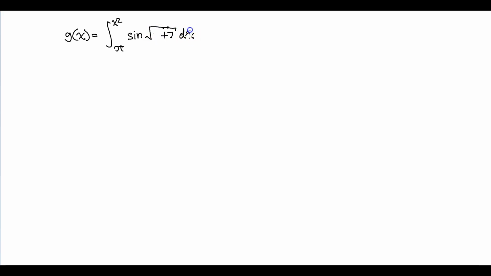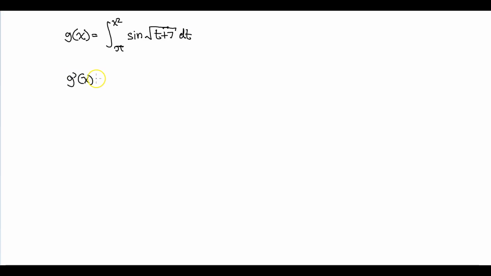We have to change the variable. Okay, so the variable can be the same since we have functions of x as the limits of integration. Okay? So let's first find g prime of x.